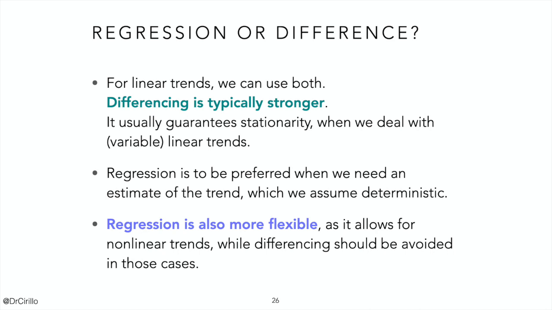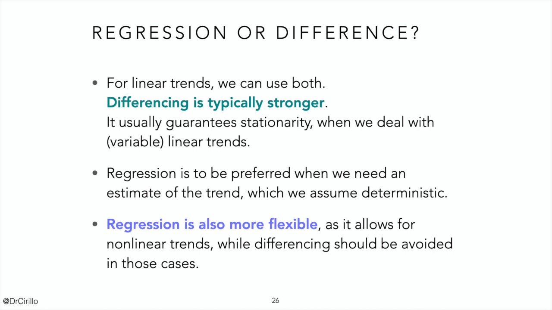Now, the difference between differencing and linear regression is that differencing tends to be stronger. So it is an approach that tends to guarantee a higher success probability for finding stationarity in a few easy steps.